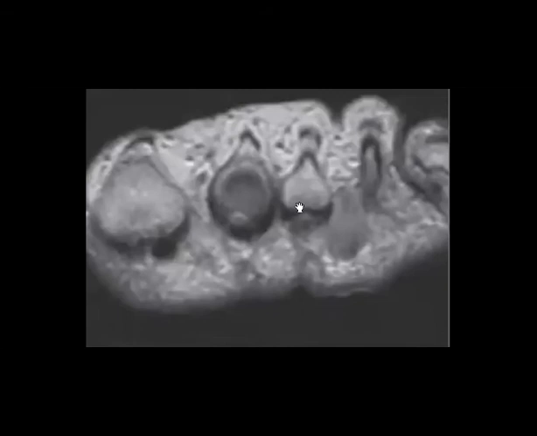So what is Morton's neuroma? It is a type of fibrosis, which is perineural fibrosis. They mentioned that it is like a neuroma of the interdigital nerve. One of the most common nerve problems that happen in the foot. They mentioned that the location is regular, that it is coming in the third common digital nerve.